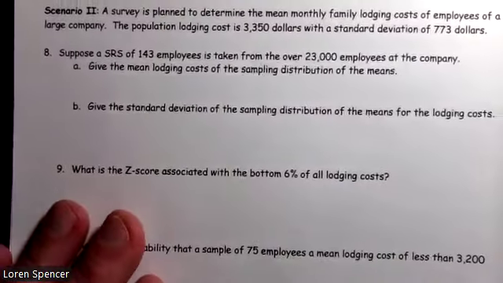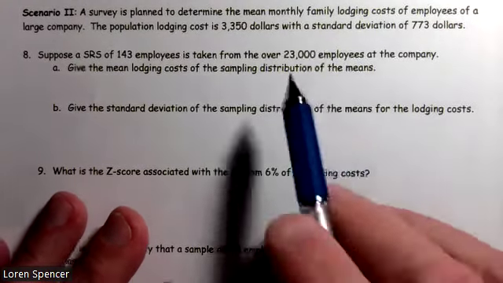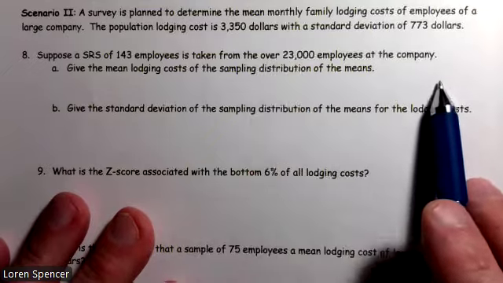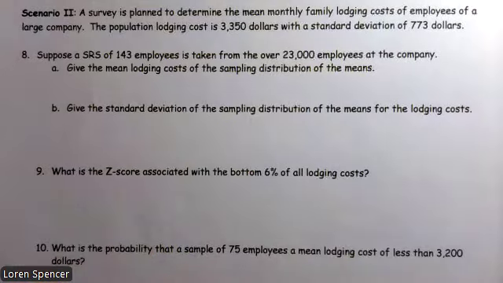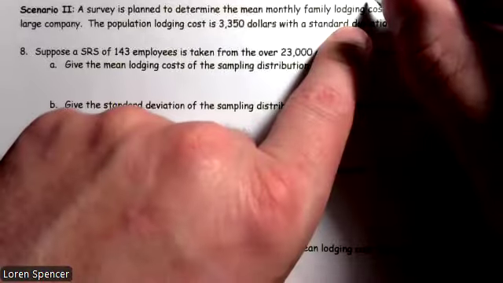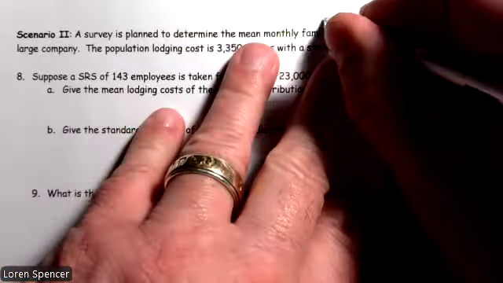So a survey is planned to determine the mean monthly lodging cost of employees of a large company. The population cost is 3,350 with a standard deviation of 773. All right. Once again, they should have told us that the underlying distribution is normal. So I'm telling you right now, distribution is normal.